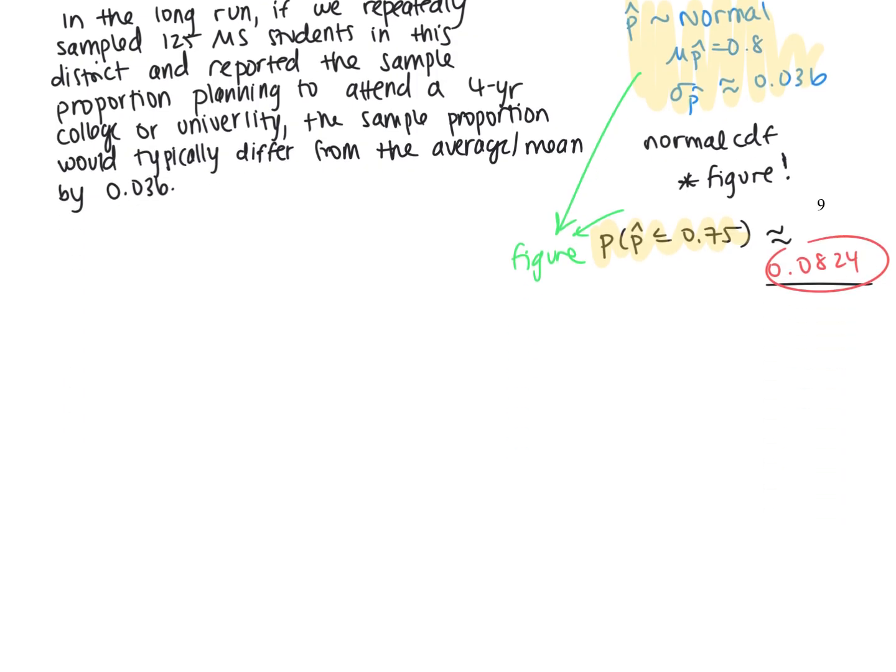Okay, last thing that I want you to write down. What do we do if the normality check is not met? So if the normality check is not met, we cannot use normal CDF. We have two options.